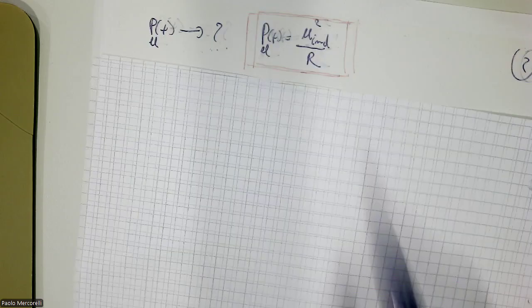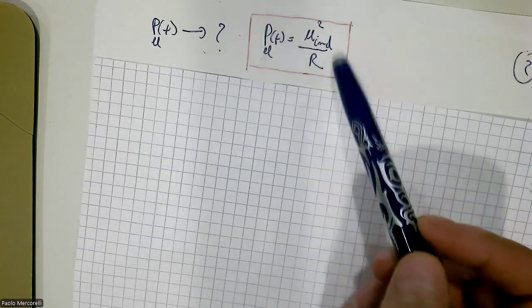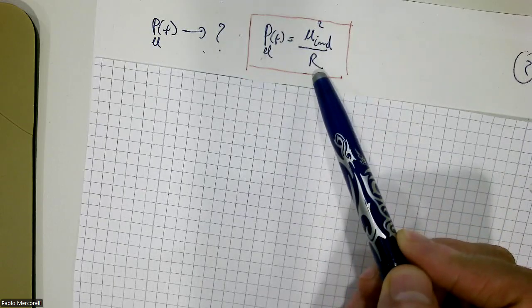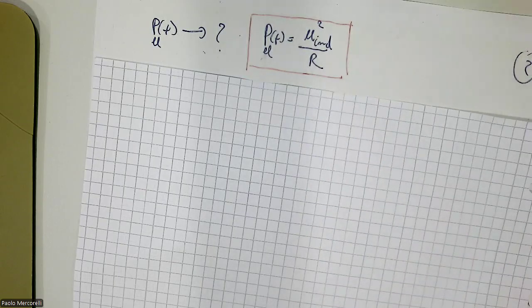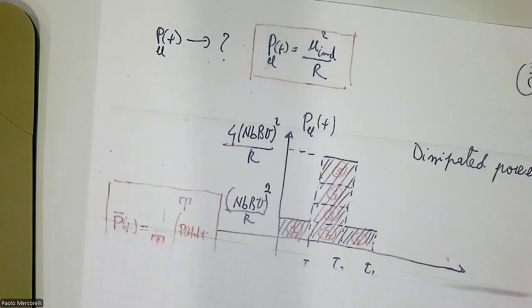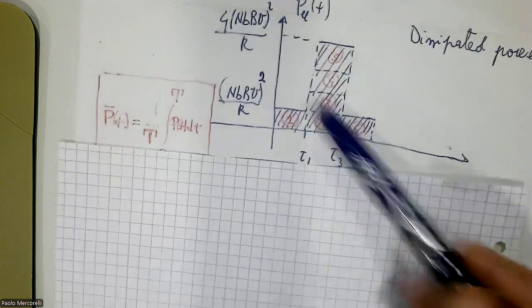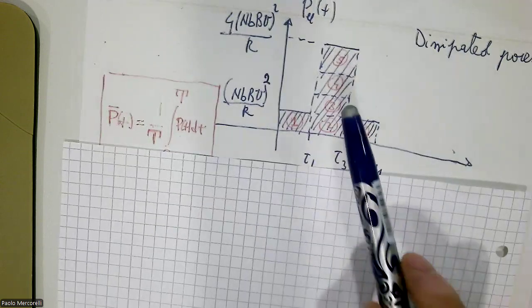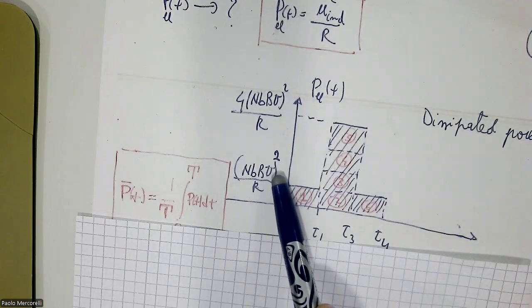temperature, let me say. Okay, to draw P of t, no problem. It's U induced squared divided by R, for instance, or R multiply by current squared. We have this. Basically, I will consider, if you want to apply this, the induced voltage squared.